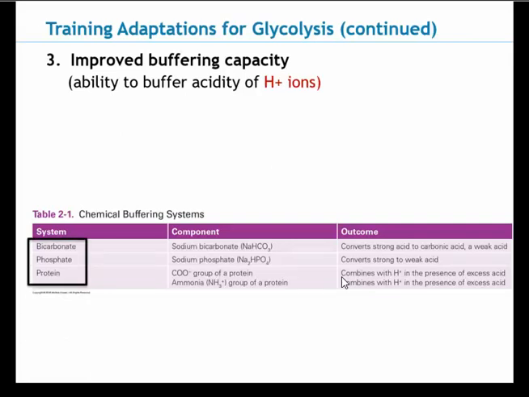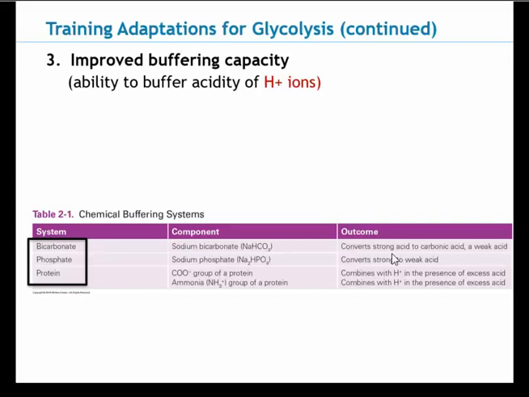So the body has these intracellular buffers. These are our intracellular buffers in our skeletal muscle. And bicarbonate, we see right here, will minimize hydrogen concentration by accepting its protons and converting that acid into something called carbonic acid, which is just a weaker acid. We see sodium bicarbonate, which is kind of like baking soda, actually.